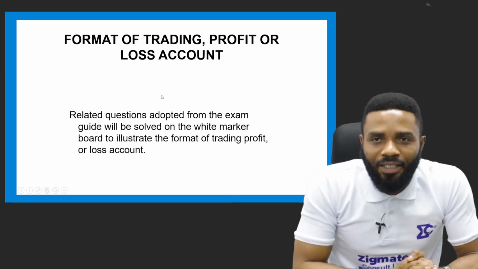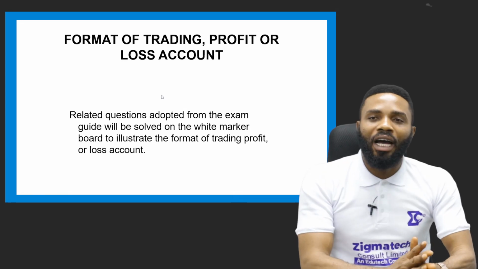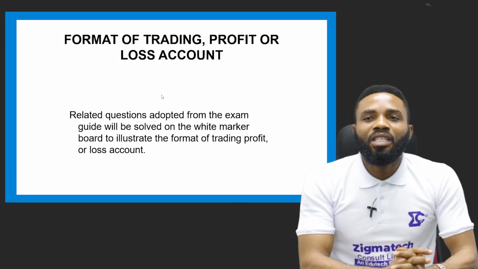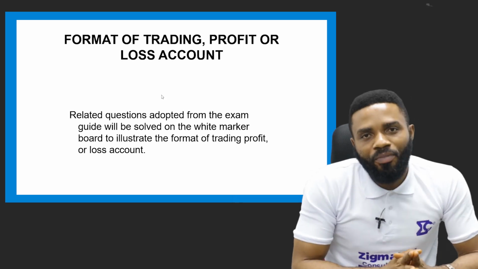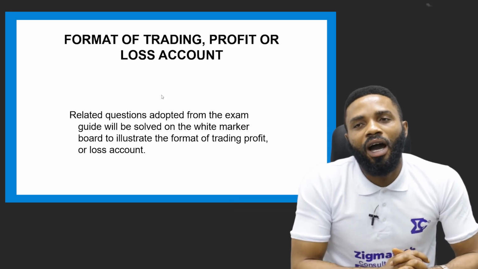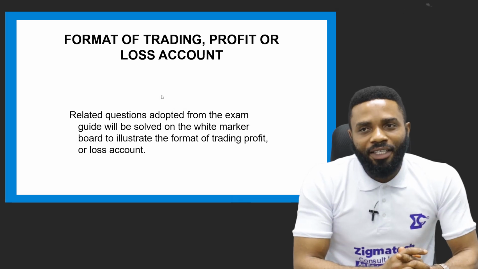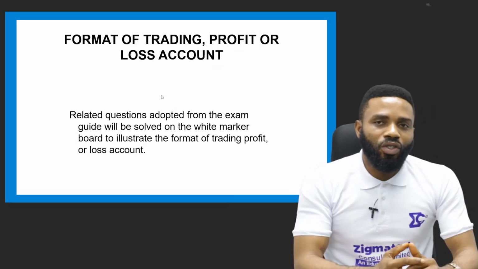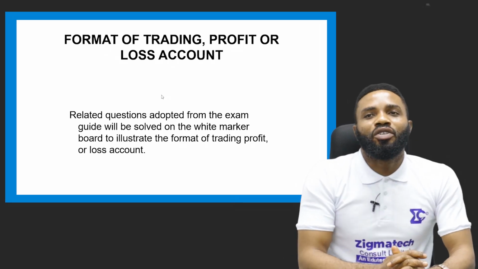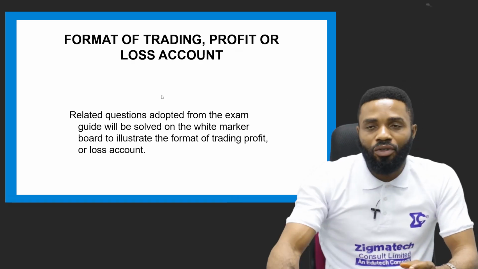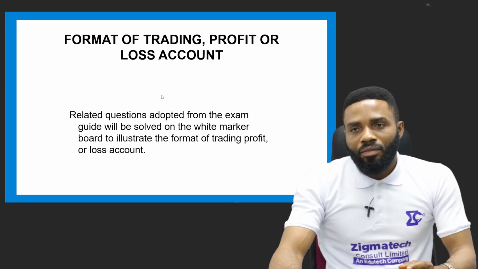Now, having said this, we will look at the format. But this format we are going to look at, we will take some related questions from our exam guide. By the time we look at the questions, it will further explain or illustrate how the trading profit or loss account looks like.